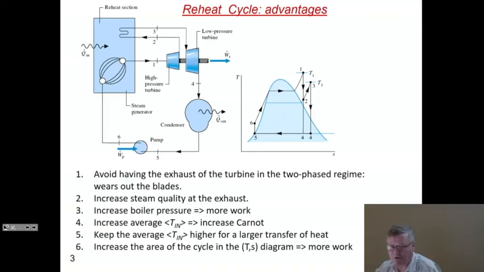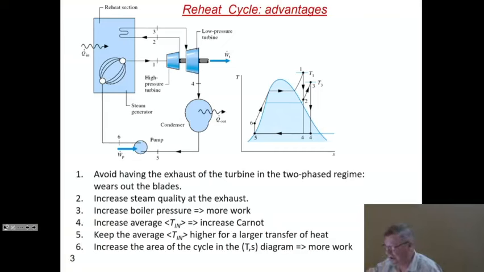If you remember that the work that the system does is the area under the curve in the TS diagram, you have actually simply added, if you compare the cycle that goes from 1 to 2 to 4, to a cycle that goes from 1 to 2 to 3 to 4, you have added this much more work to your cycle, whereas you haven't actually increased the maximum operating temperature of the pipes. So this is all beneficial.